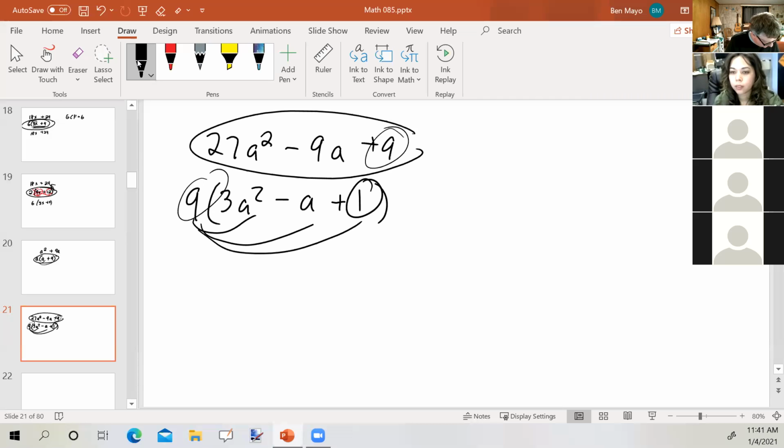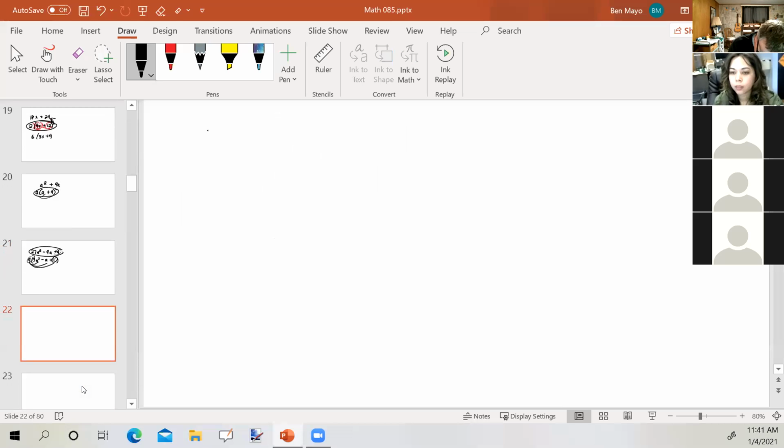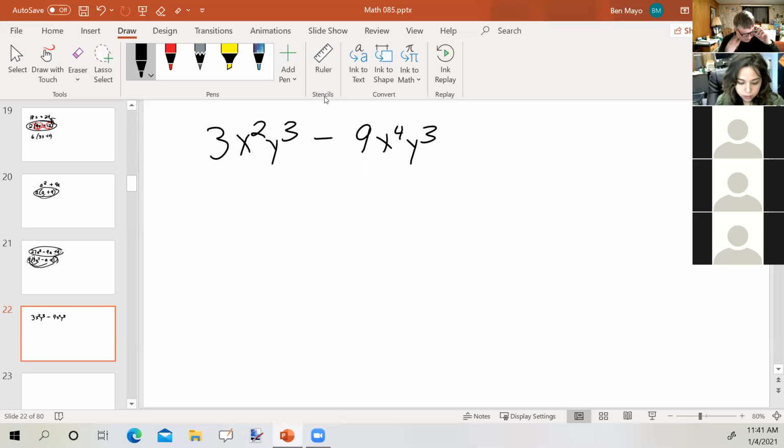Let's see here. We've got 3x squared y cubed minus 9x to the 4th y cubed. So factoring out the greatest common factor would be a 3, and then x squared y cubed, that's the greatest common factor.